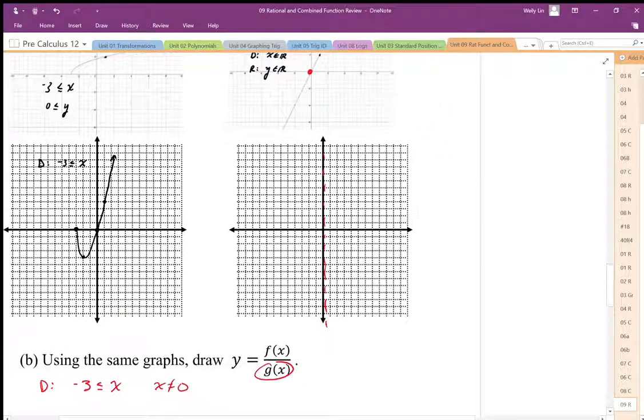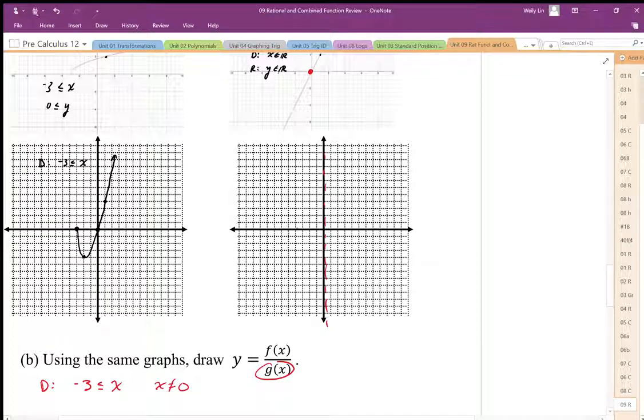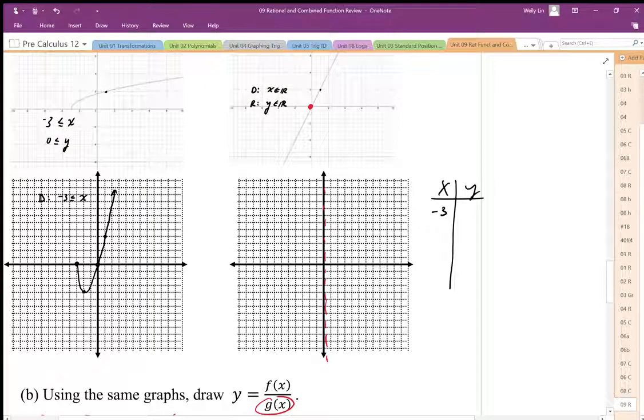This is a reciprocal function, a rational function, so we should expect some asymptotes. We can make a table of values. We know our starting point is going to be at -3, so when we evaluate x is -3, it's going to be 0 divided by whatever that is. It's going to give us 0 anyways.